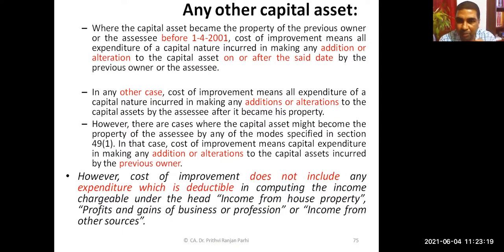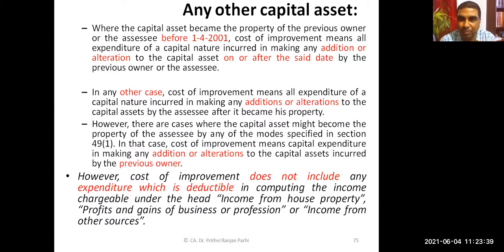But here one thing you have to keep in mind: if some expenditures are deductible, let us say some repair and maintenance expenditures you have incurred and claimed as a deduction under the head profits and gains of business or profession, then that cannot be claimed as cost of improvement.